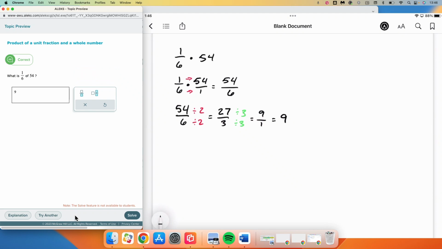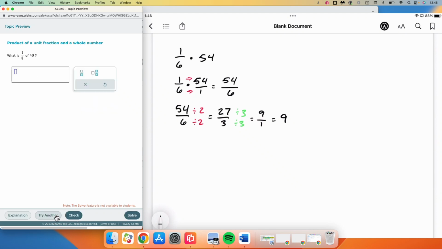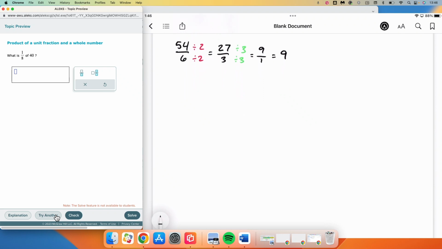All right. So again, I don't know if it would have accepted 54 over 6. I will try that on the next one, but it will be a good habit for us to get into of simplifying fractions now, because that's what Alex is going to require of us later.